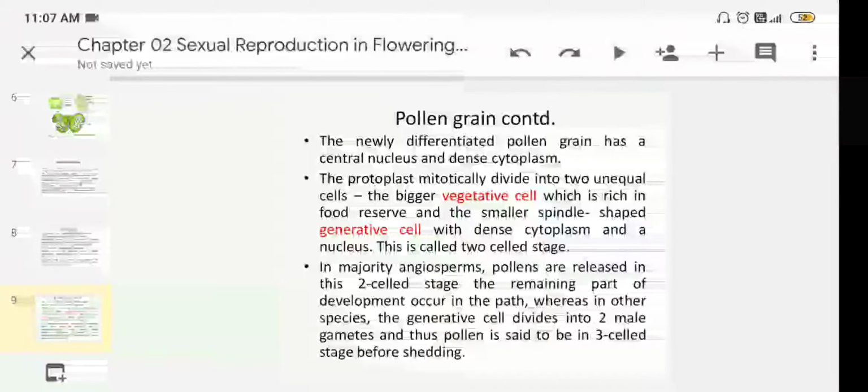So, at this stage, that is the 3 nucleate and 2 cell stage, pollen grains are shed in the remaining plant species.